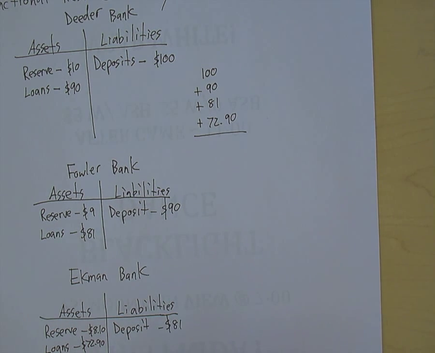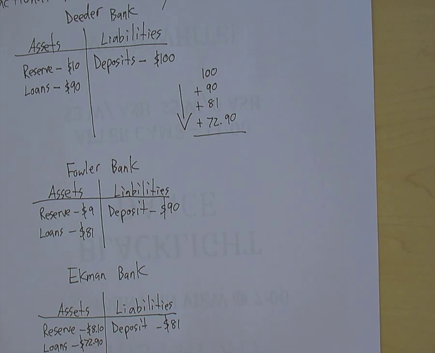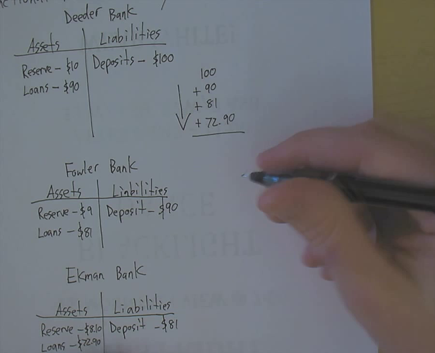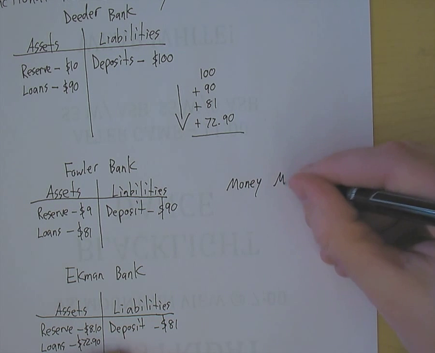But will it go on indefinitely? No, because you notice here, this number keeps getting smaller. So the question is, how much money is created? And for that, we have a little tool at our disposal called the money multiplier.